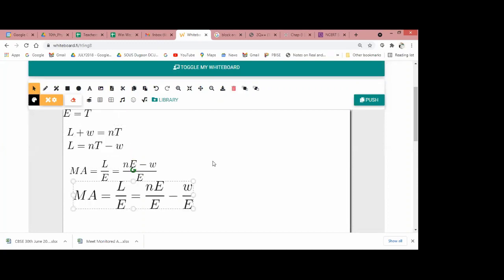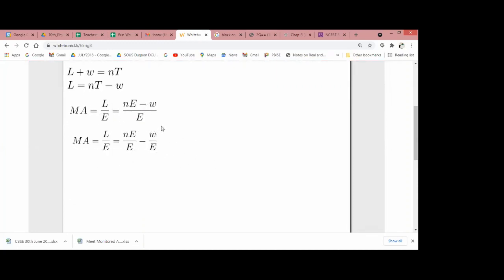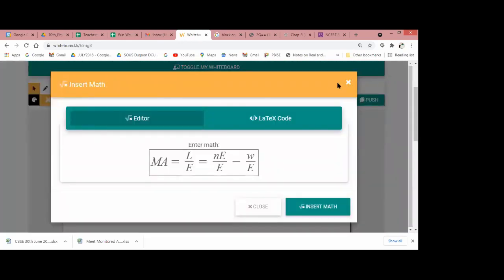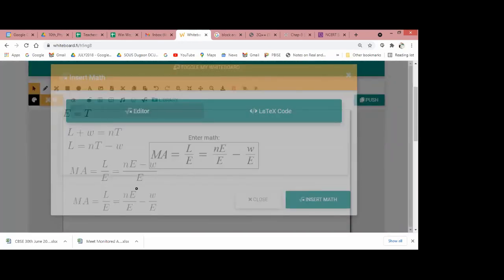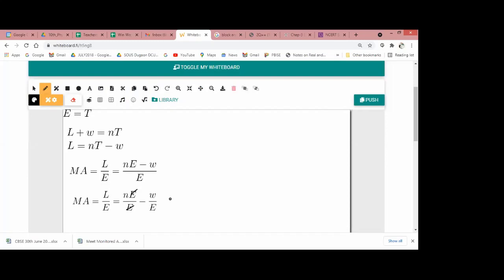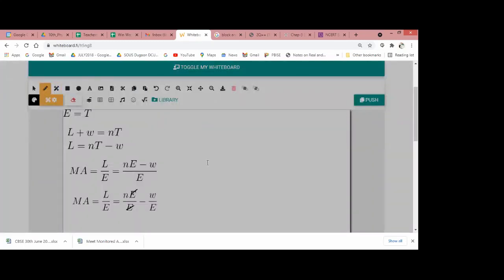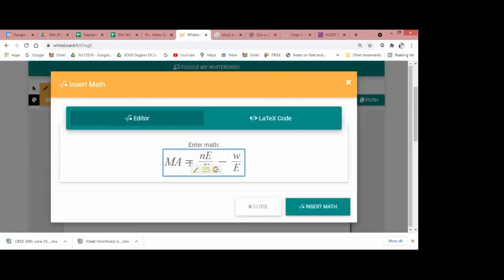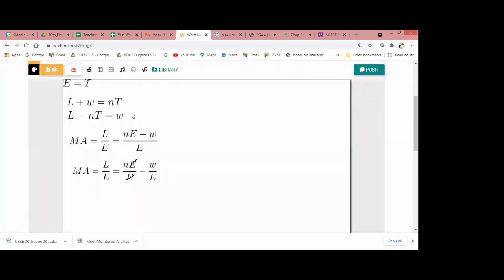What will be the reduction in this particular thing? The E will get cancelled. Am I correct? Yes, sir. And we are left with what? N minus W upon E. And this is the actual mechanical advantage of a practical block and tackle system.